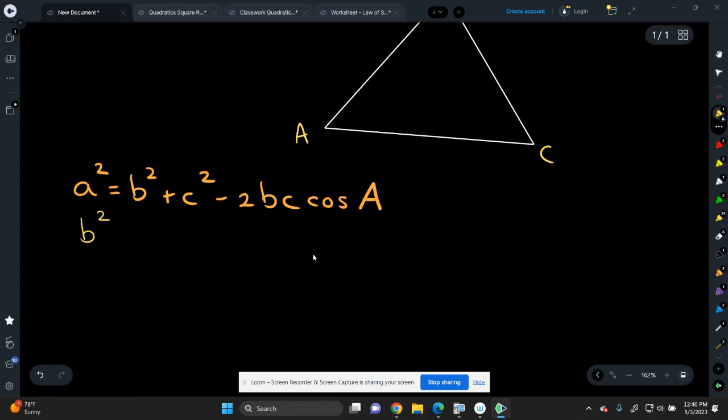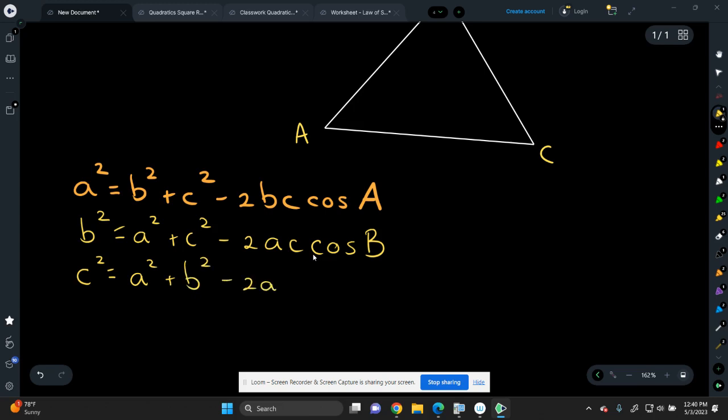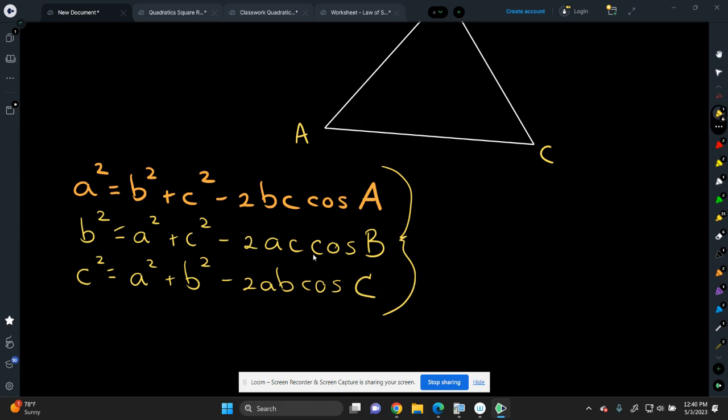B squared equals A squared plus C squared minus 2AC times the cosine of angle B. Or C squared equals A squared plus B squared minus 2AB times the cosine of C. Those are the formulas for your law of cosine.